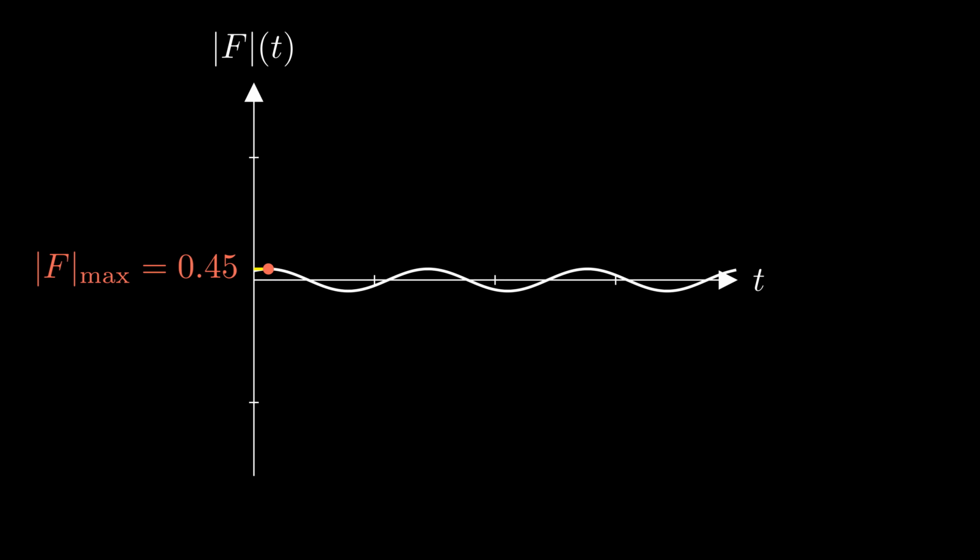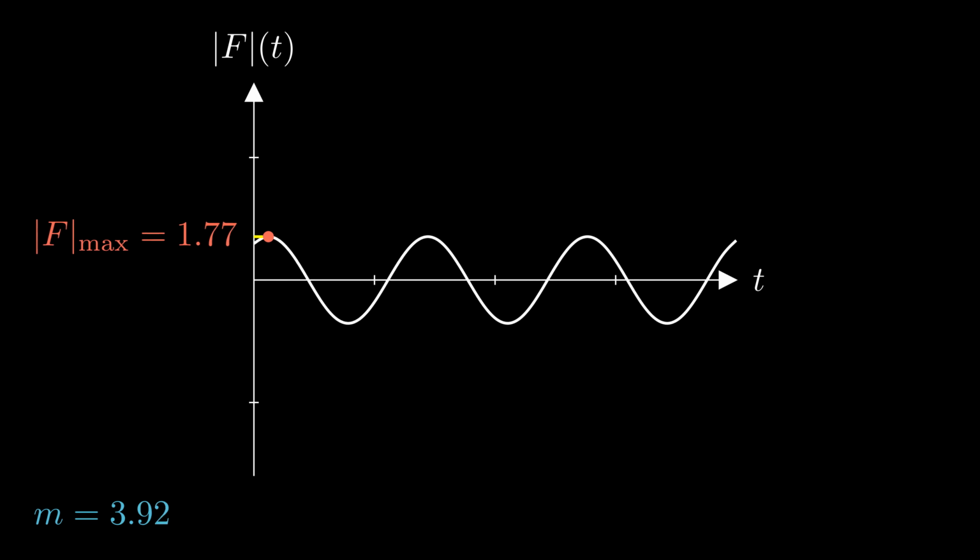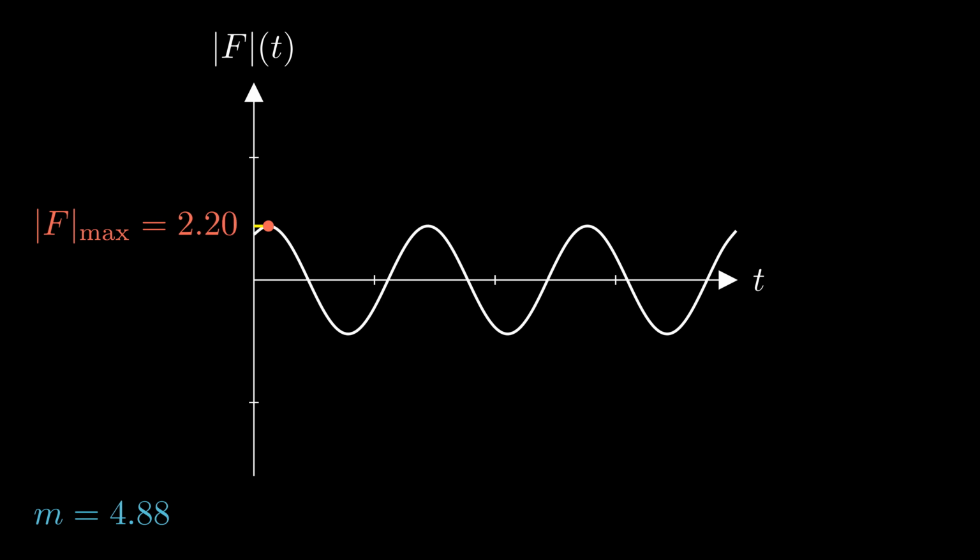Now we can graph force as a function of time. If we put time on the x-axis and the force on the y-axis, we can measure the maximum force that the plane is experiencing over this whole time of turbulence. And with higher masses, the maximum force is going to be higher given the same path, and for lower masses, the force is going to be lower.